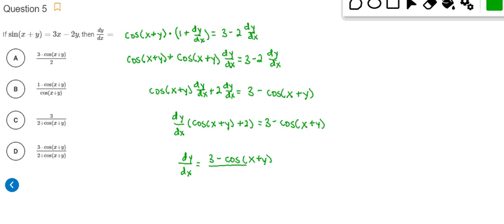And as my denominator, I'm going to go ahead and switch that around and say we have, using our commutative property of addition, 2 plus cosine x plus y. And we can see that is answer choice D. And for the sake of it, I haven't been boxing my answers. All right, go ahead, box that.